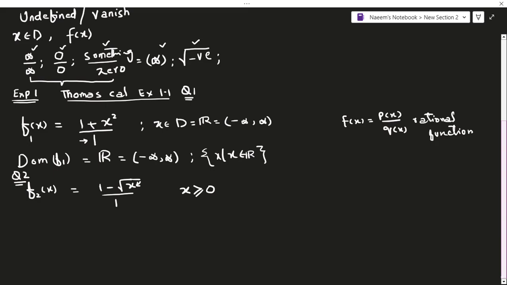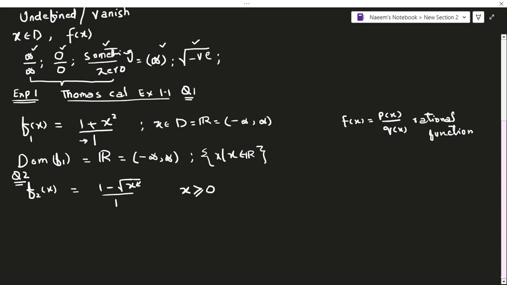So we cannot put minus 1, minus 2, minus 3, minus 1.1, minus 1.2, minus 100, whatever. If we put square root of minus 2, it will be a complex number, and this is outside of the domain or range of the set of real numbers. So the domain of this function is all real numbers except negative.